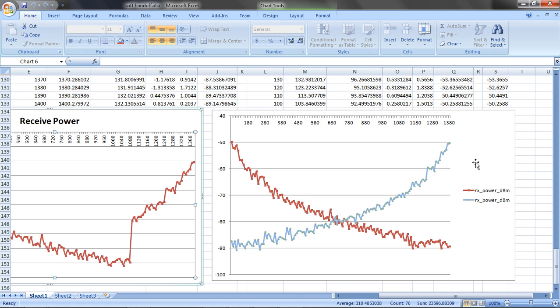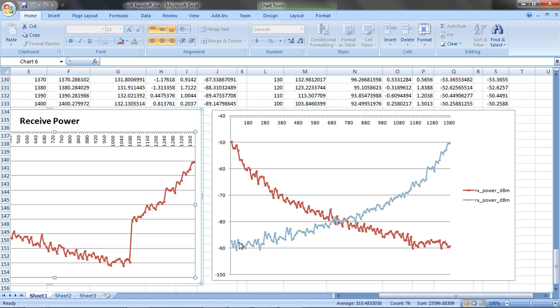The second figure is more important. Here we have two curves representing the received power from the base stations. The red one means that as the distance from A increases, the power received from base station A decreases.